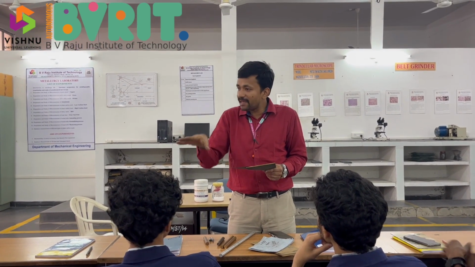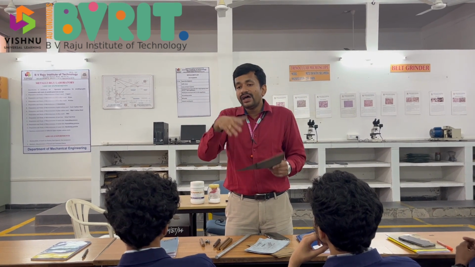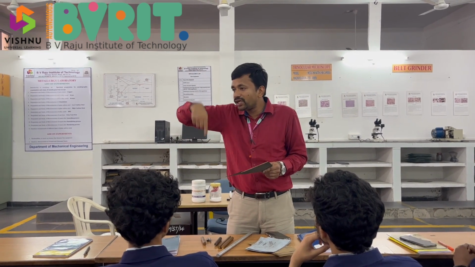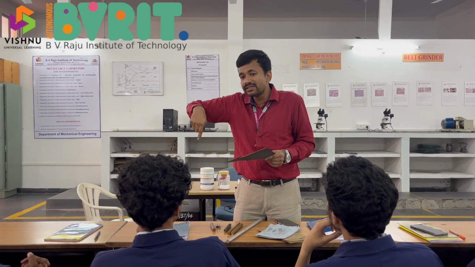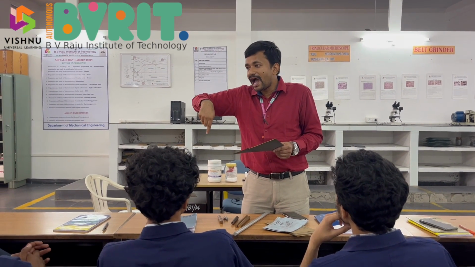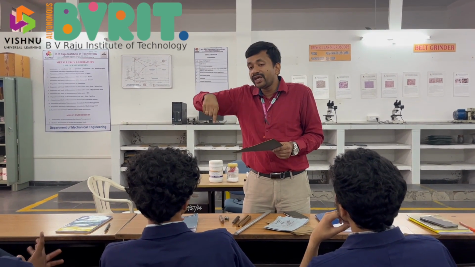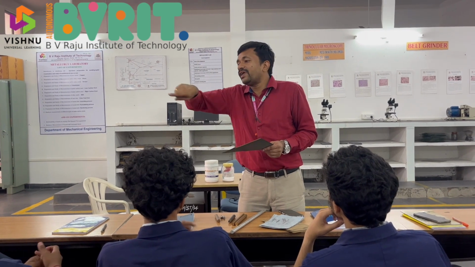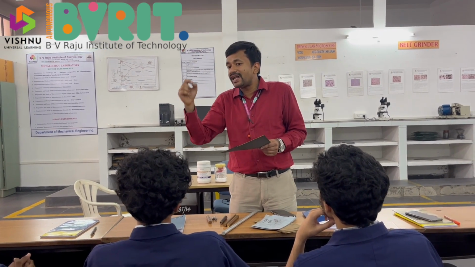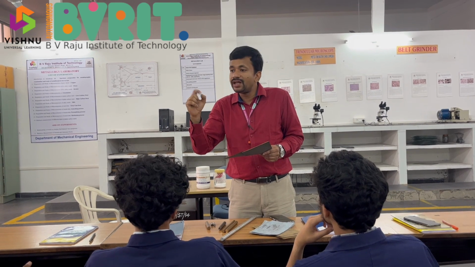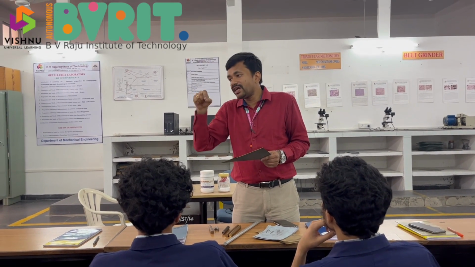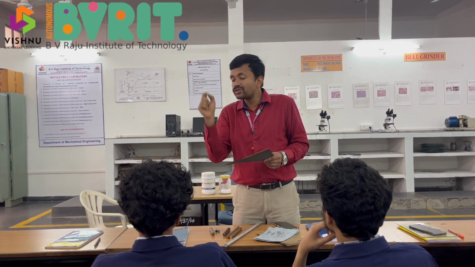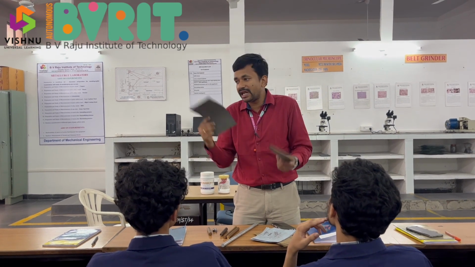In the same way, suppose you have a sieve with 1200 by 1200 mesh size, and in the same sieve you have 180 by 180, obviously 180 will have larger grains, and the 1200 by 1200 will have very fine ones.